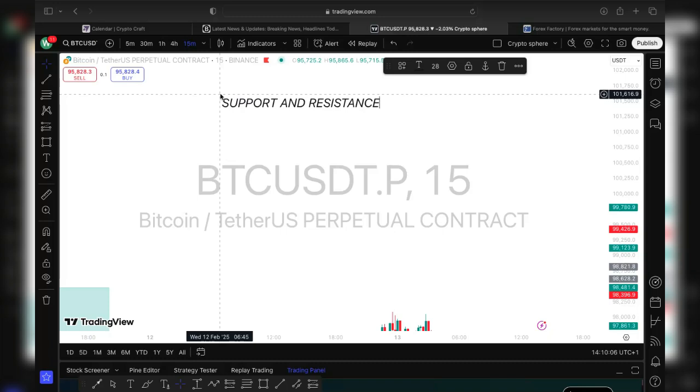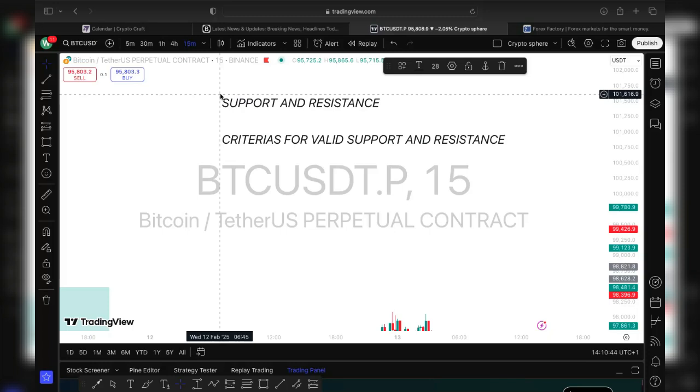Now, let me take a step further by telling you the criteria for spotting a valid support and resistance.